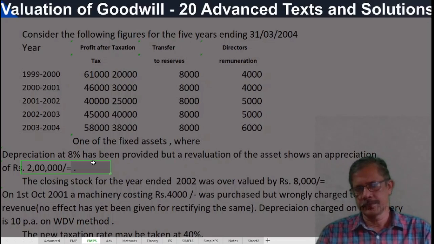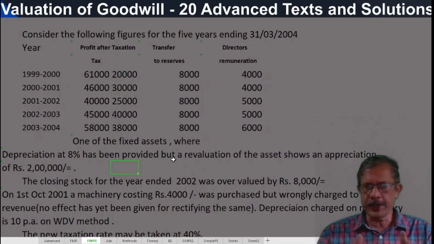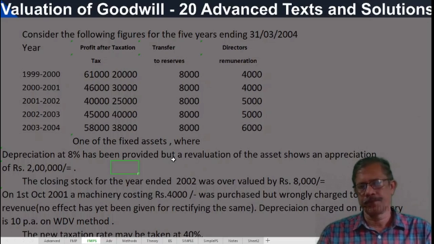Got it? So 16,000 rupees is additional depreciation to be provided for, an expense likely to arise in future. But this profit on revaluation of 2 lakhs has nothing to do with the profit and loss account. That means future maintainable profit.